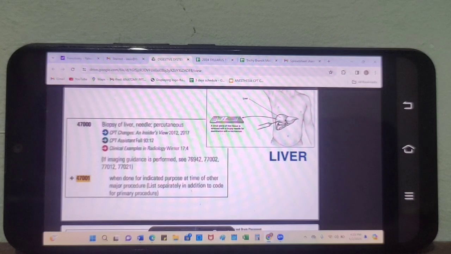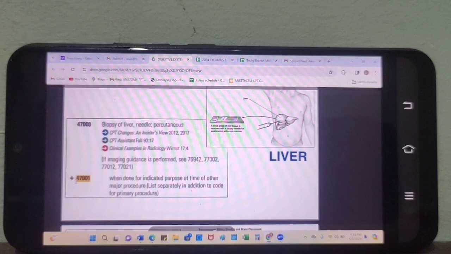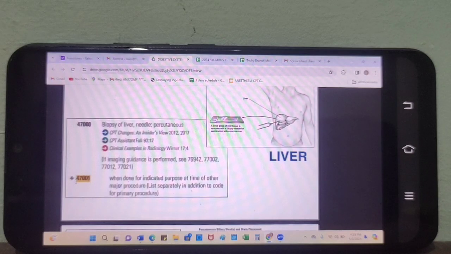So that means at the time of another major procedure, if the doctor also performs the procedure of liver biopsy, go for this add-on code. Clear? Is there any doubt in this question? Because this is very, very important. Any doubt?